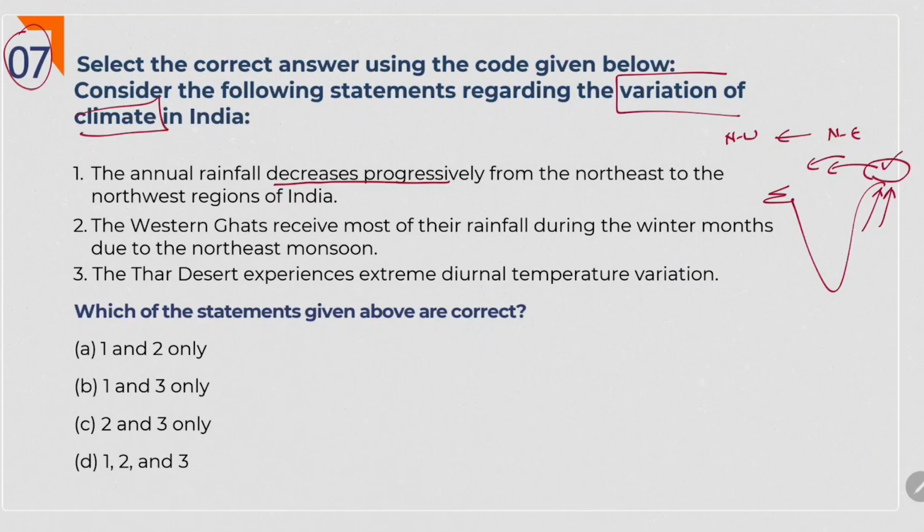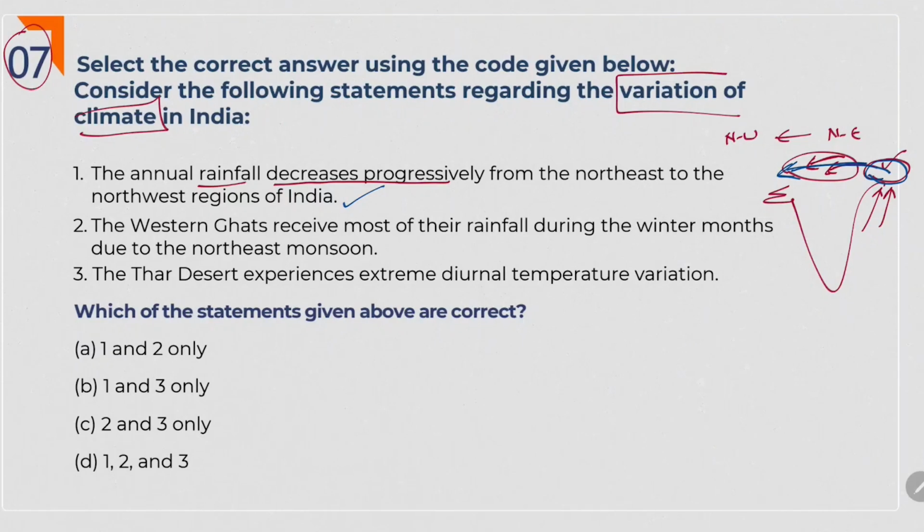Obviously, first this area experiences rainfall, and after some days and months it moves west and causes rainfall here. Meanwhile, the moisture level in the winds drops. So obviously, the rainfall decreases progressively from northeast to northwest regions of India because this place experiences rainfall first and later this place. So the first option is right.